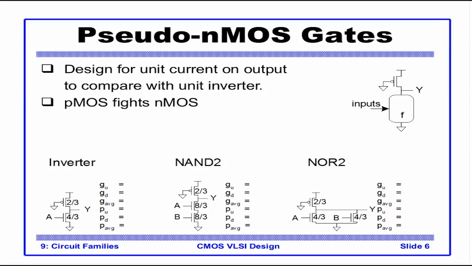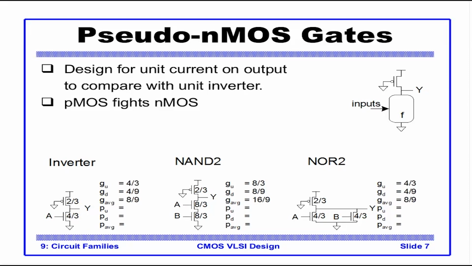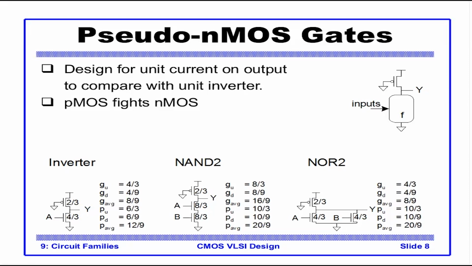So now in this case, I'll fill in the values and I'll explain how they are derived. Now in the inverter, this pseudo NMOS inverter is the same as the regular CMOS inverter.